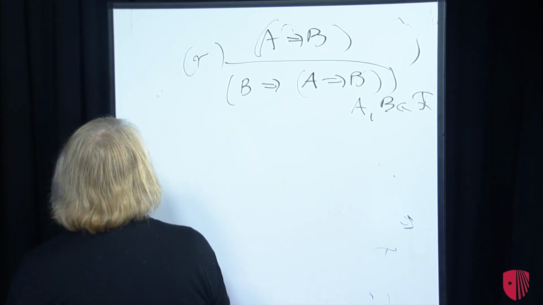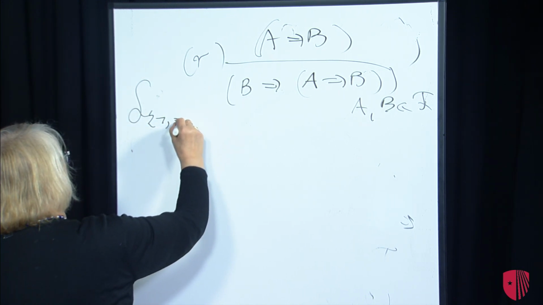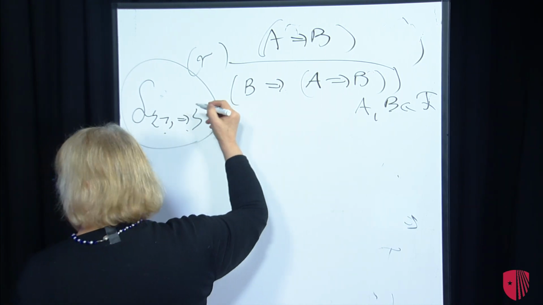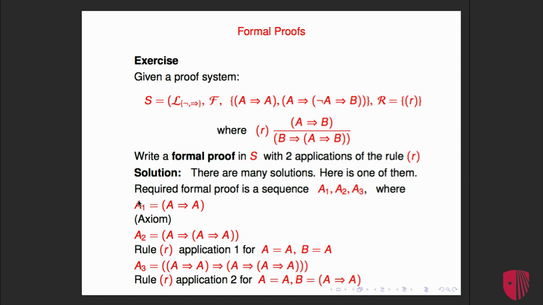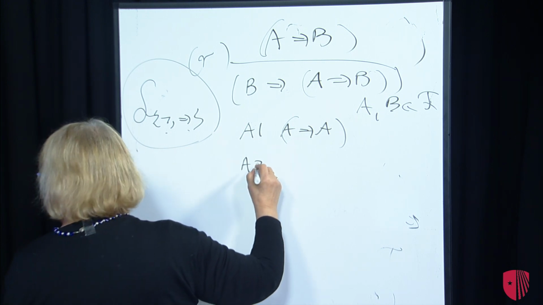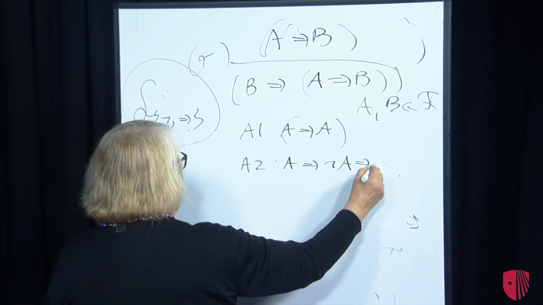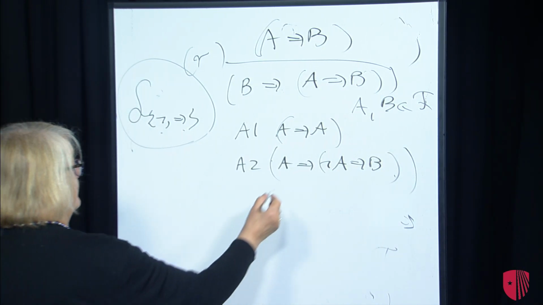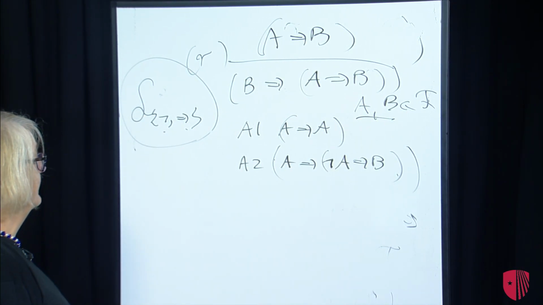And now the language is different, it has negation and implication. So formulas are from that language. Axiom 1 was A implies A, and axiom 2 had negation A implies not A implies B. The language has negation, and A and B are any formulas.